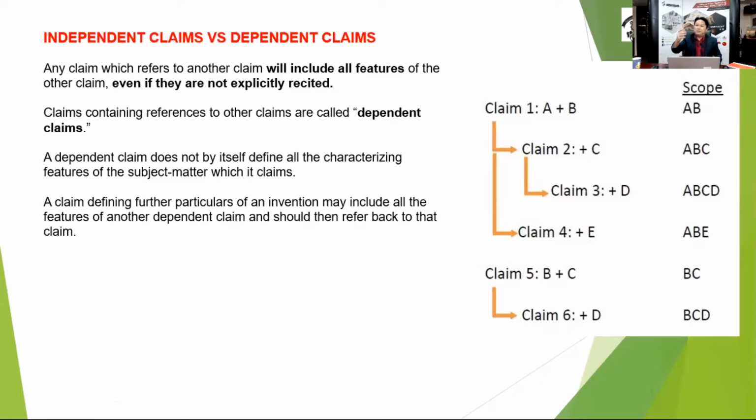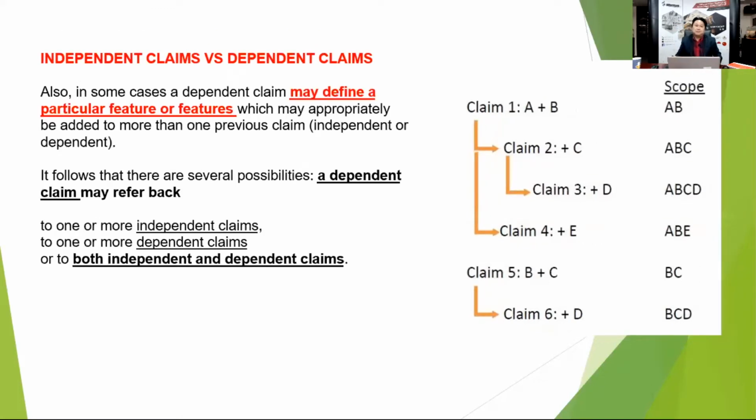So claim 2 will be the dependent claim. In certain cases, a dependent claim may define a particular feature or features. A dependent claim always refers back to the independent claim, or to another dependent claim.